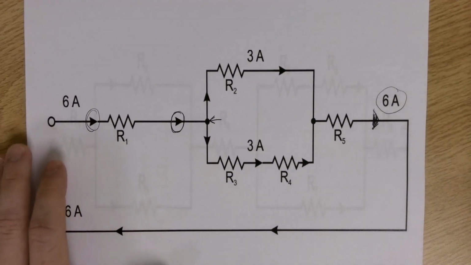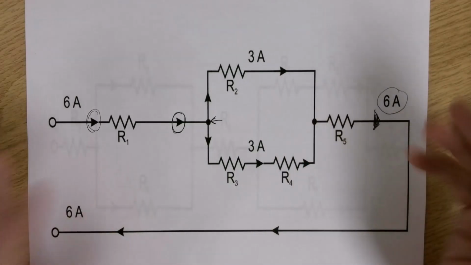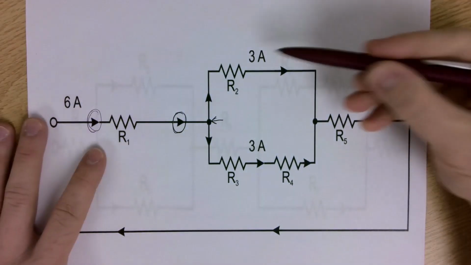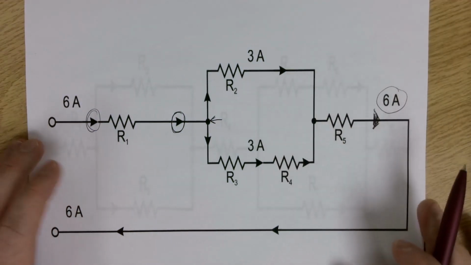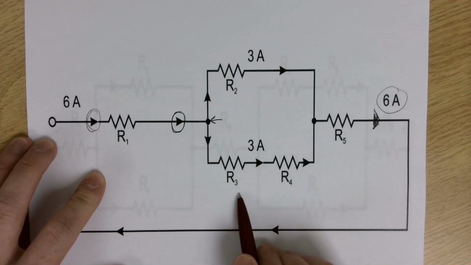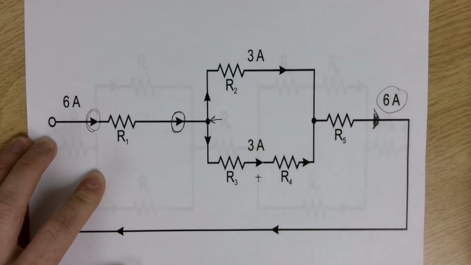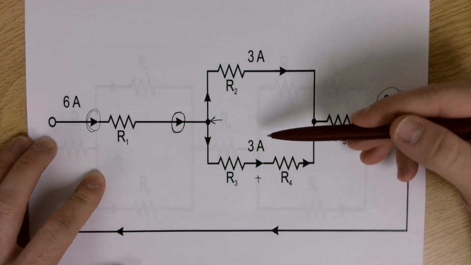So we can already note, or at least we should be able to notice, that in just this parallel circuit right here, there's 3 amps up top and there's 3 amps down below here, which tells me that R3 and R4 added together have the same resistance value as R2, because our current is the same.